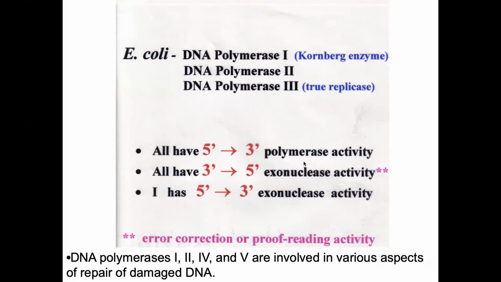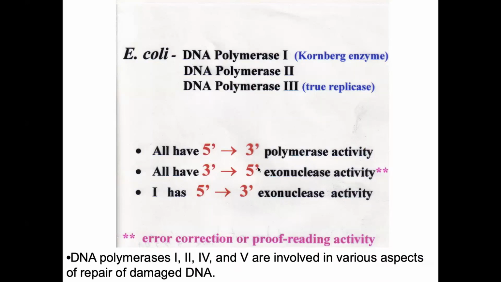So that leads to growth of new DNA in a 5' to 3' direction. All 3 of these DNA polymerases do that same thing. But actually what they found out is that these enzymes have other enzymatic activities associated with them as well. All 3 of them have, in addition to the 5' to 3' polymerase activity, 3' to 5' exonuclease activity.